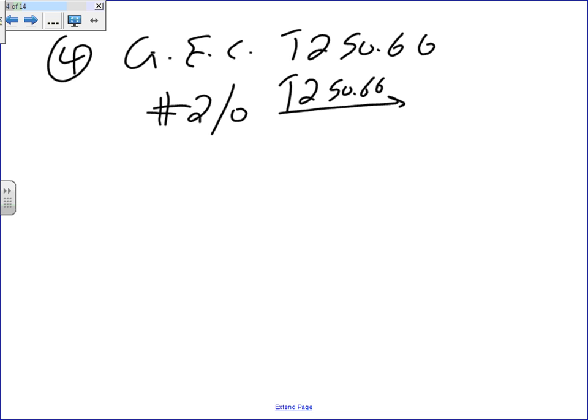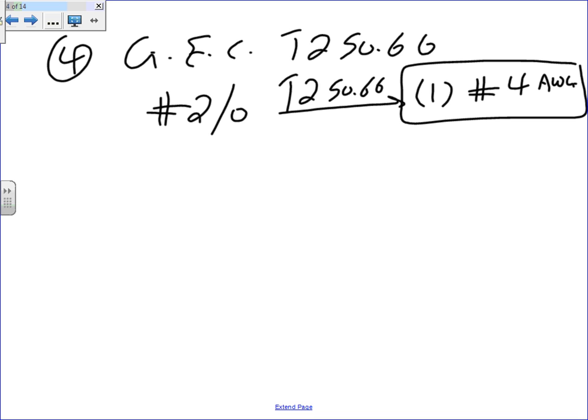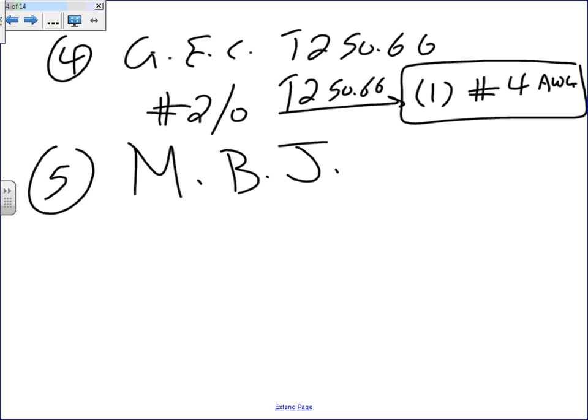1 conductor, number 4 AWG, bare, insulated, or covered. Number 5, main bonding jumper, 250.28.